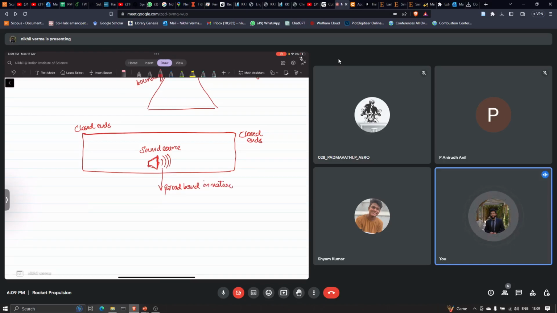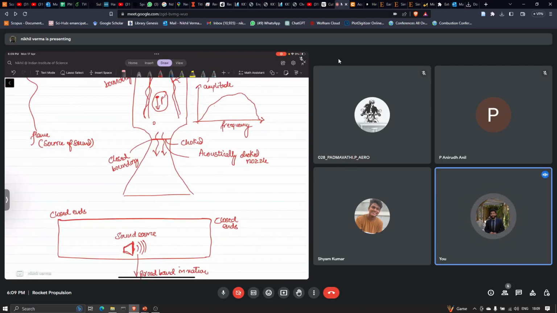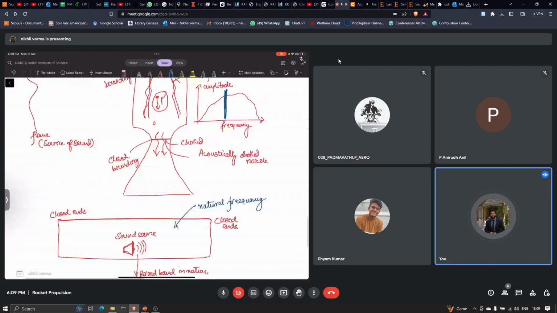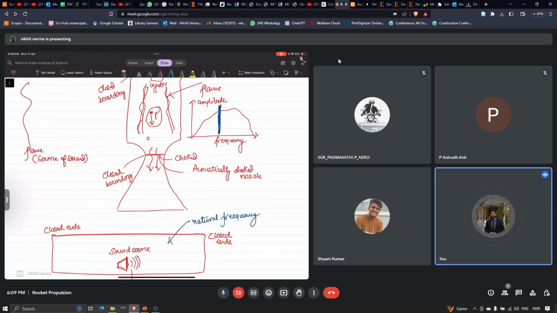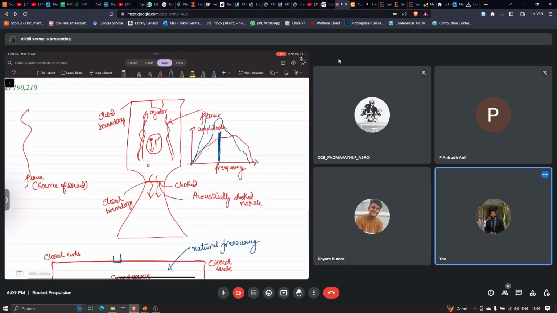So what will happen is, certain frequencies of the sound the flame creates will match the natural frequency of this tube, and they get amplified. After some time, if you place a microphone in this section, you will feel the amplitude suddenly increase.